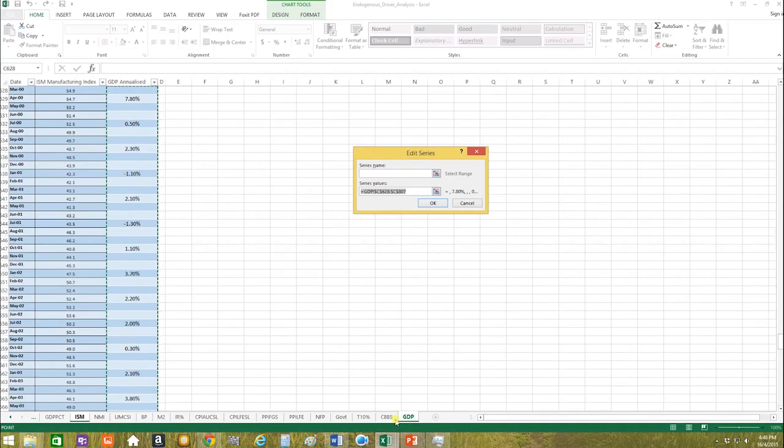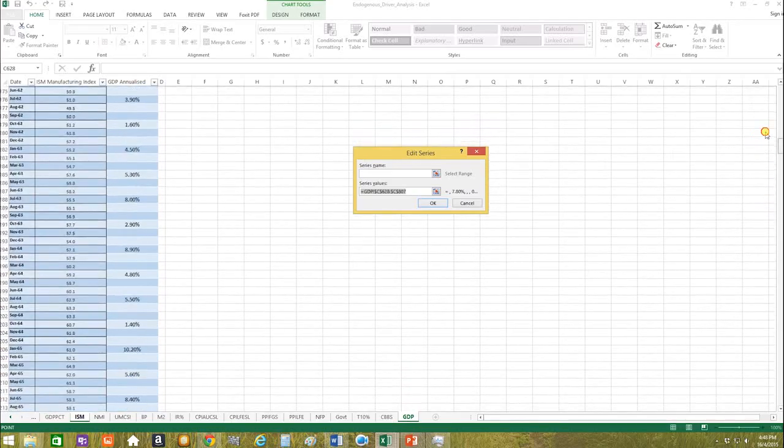And right at the end of our data series, right across the tab, we have our GDP annualized percentages. So we have them for ease, at the beginning and at the end of the sheets, so it can save you scrolling across a lot of the time.